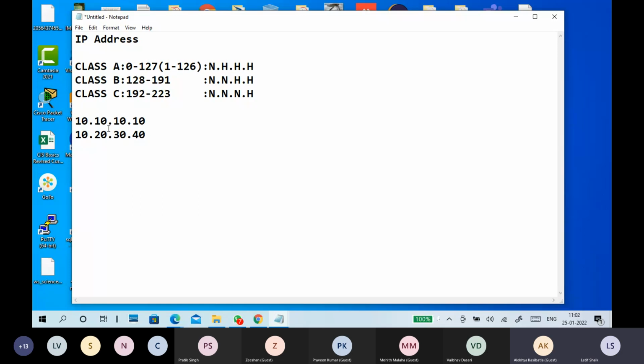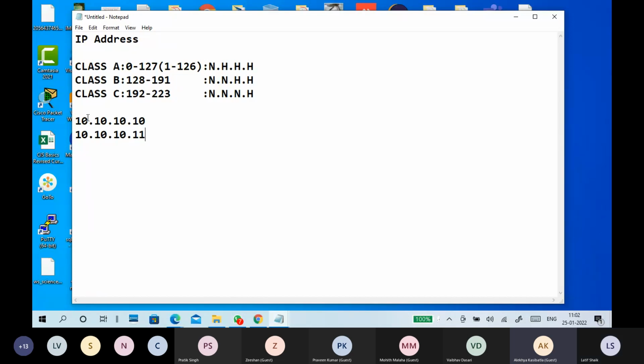If you see here, this is a class A IP address. The first 2 portions are the same, meaning this is in the same network. Some people think that since the host portion is different, they won't communicate. No, it is not like that. The host portion is like a sequence number, like a roll number, 1, 2, 3, 4 kind of stuff.